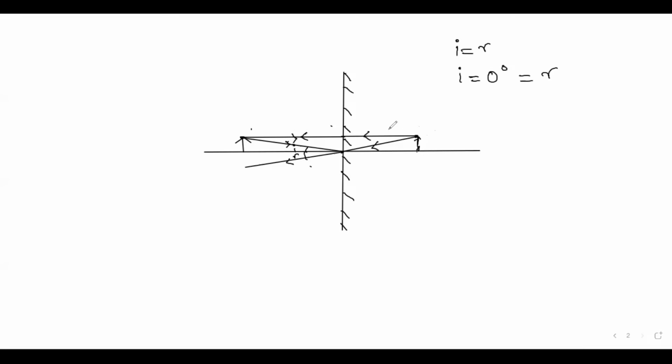And from that total, we will see that the intersection of the extended parts of the reflected rays will form an image of the object that is in front of the mirror, behind the mirror, and that image must be a virtual image and it must be an erect image.